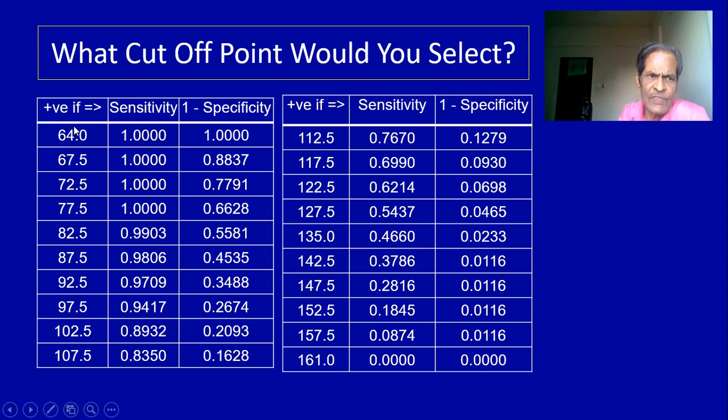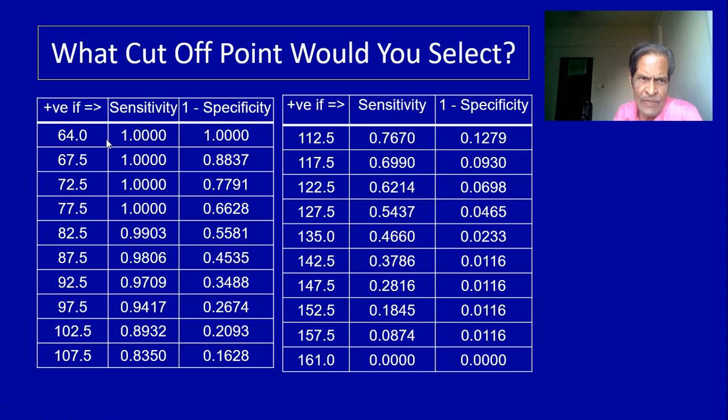So if 64 is considered as the diagnostic value and the result with the new test is declared positive if the new diagnostic test yields a value of 64 or above, then the sensitivity is 1 and 1 minus specificity is 1. That means the actual specificity over here will be 0. So sensitivity is 1 and the specificity is 0.